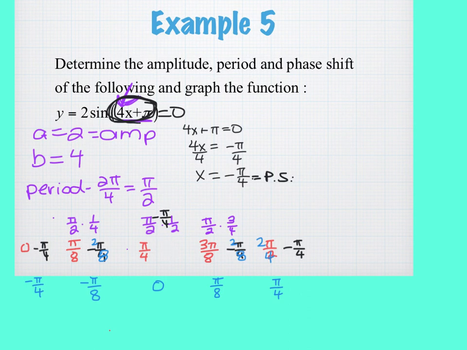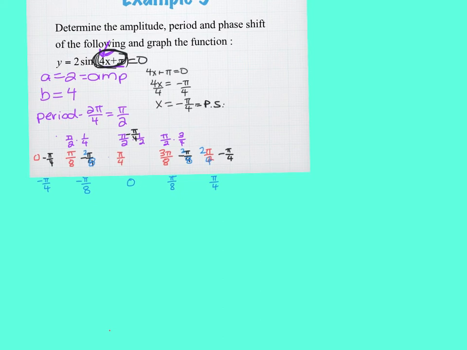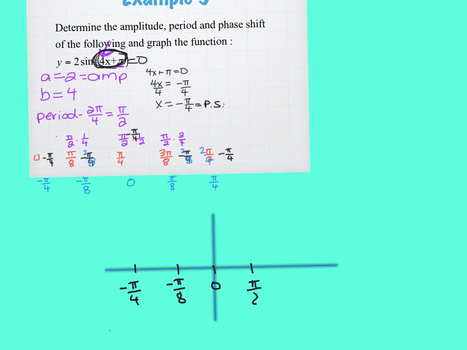Okay, give yourself that space. So let me group this before I start moving. So all the way left is negative pi over 4, then negative pi over 8, then 0, then pi over 8, then pi over 4.